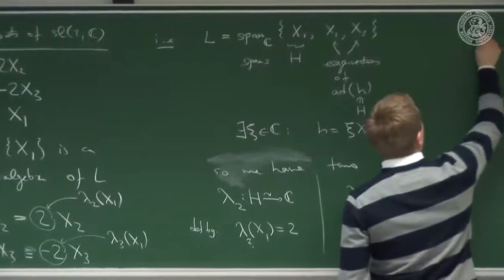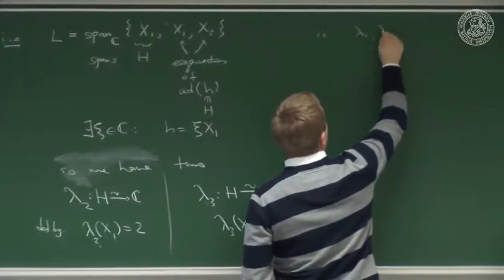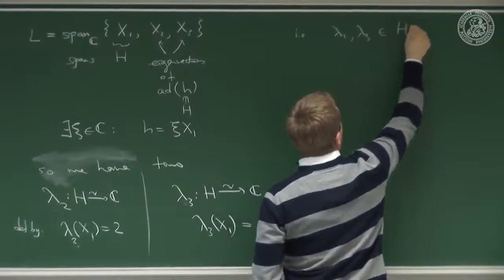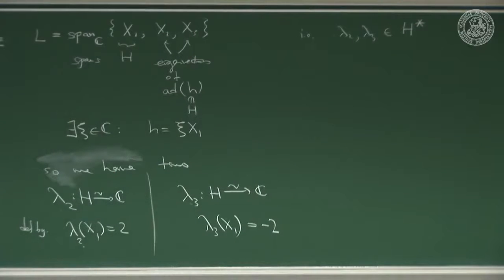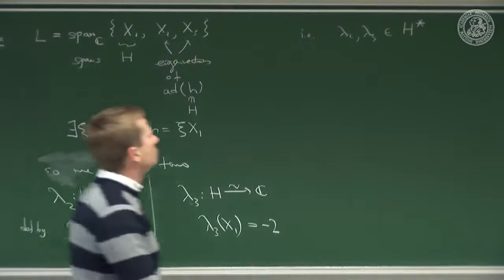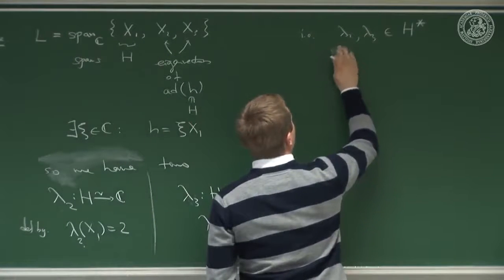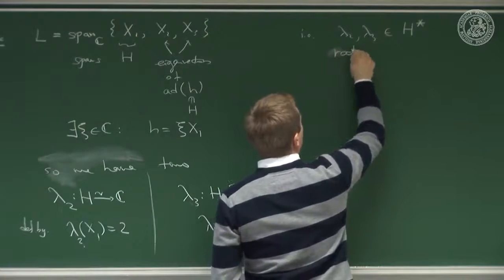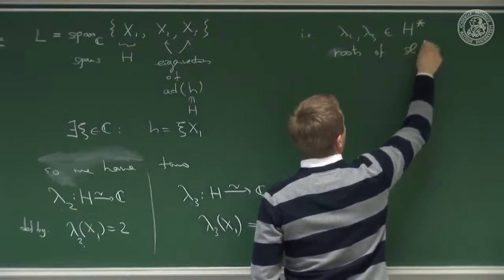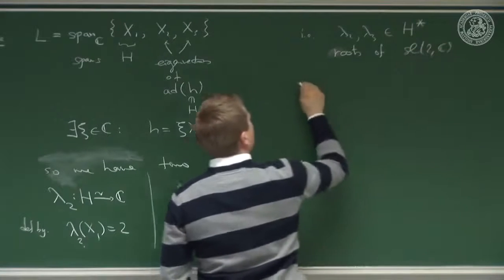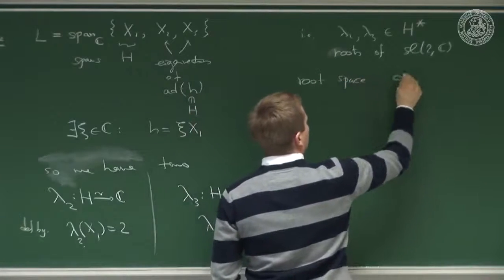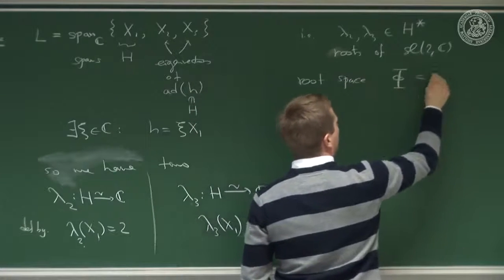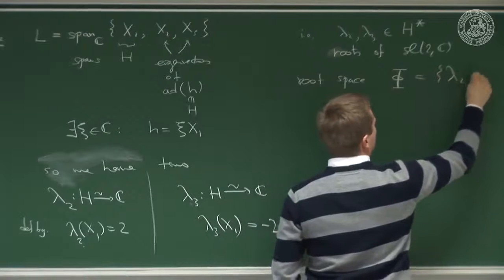And so, of course, lambda 2 and lambda 3 are elements of the dual of the Cartan subalgebra, and they're called the roots. They are the roots of SL2C, and the entire root space, which in the general case we always called capital Phi, simply consists of these two.